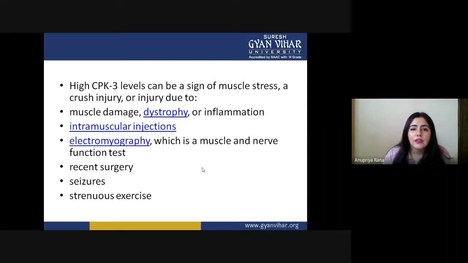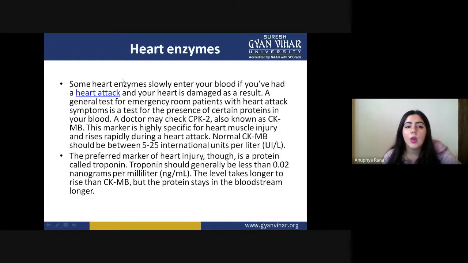Recent surgery, seizures, and strenuous exercise can also cause it. So these were the causes that can increase CPK3 inside our body. Now we're going to see the heart enzymes, and how the heart enzymes work in localizing.